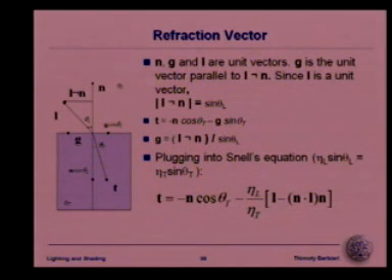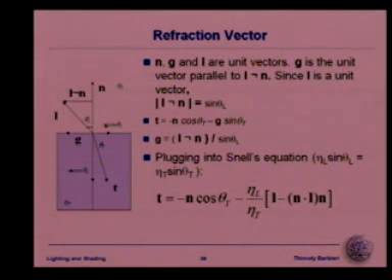And for that, you actually need the direction of entering of the light from material A into material B, whatever it may be. And you need to know the density coefficients for each of the two materials, because you are going to plug everything into Snell's equation.